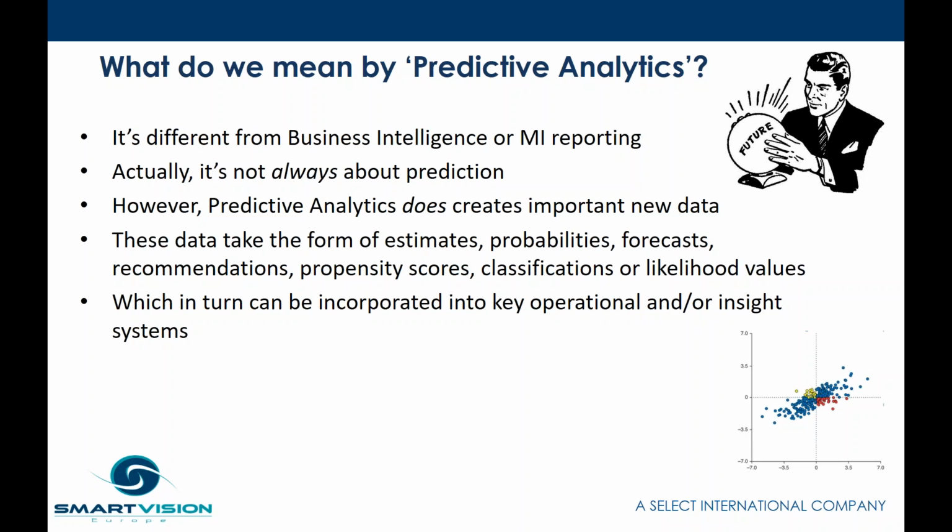It could be a string, it could be a description, or it could be a number. A number might be a percentage, or it might be a decimal place, it might be an integer. So it can take many different forms, but the point about these numbers is they help us to make a better decision. And the predictive analytics application, or the model, is creating these numbers based upon historical data and the pattern that is uncovered.